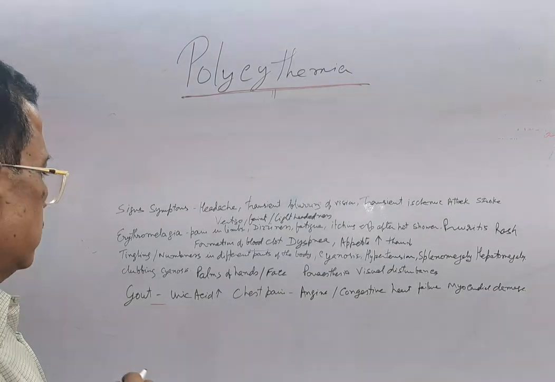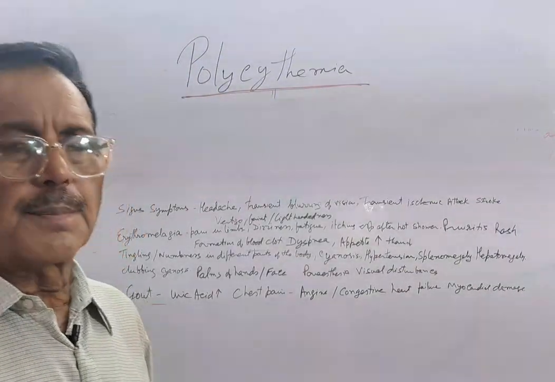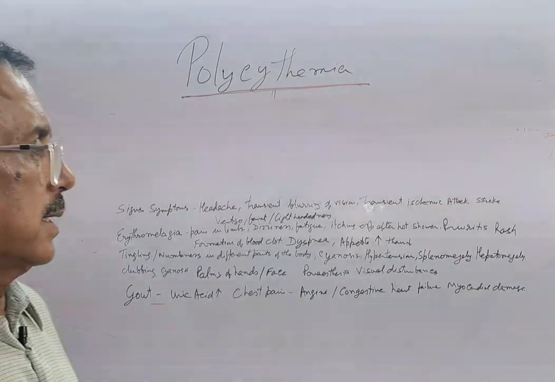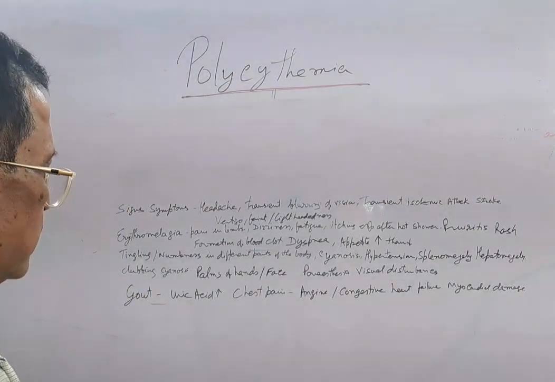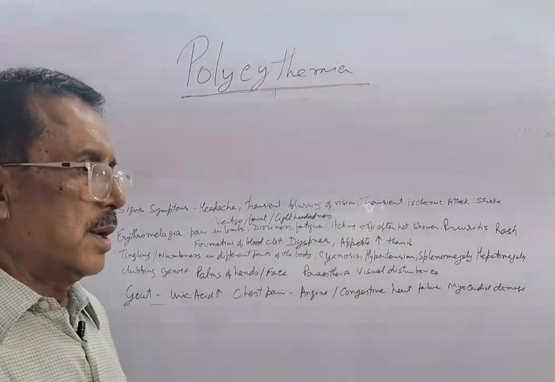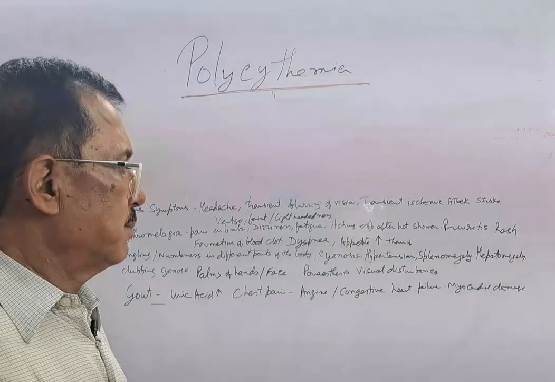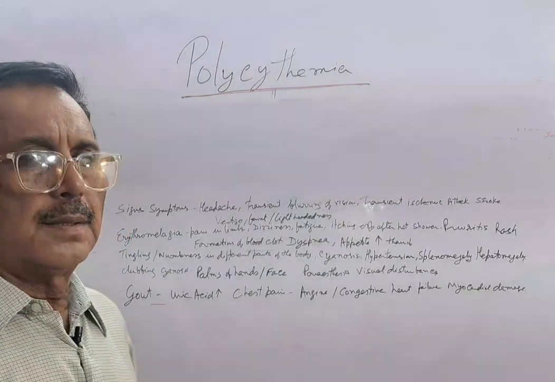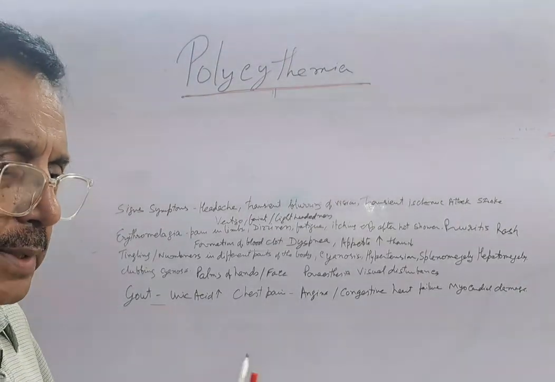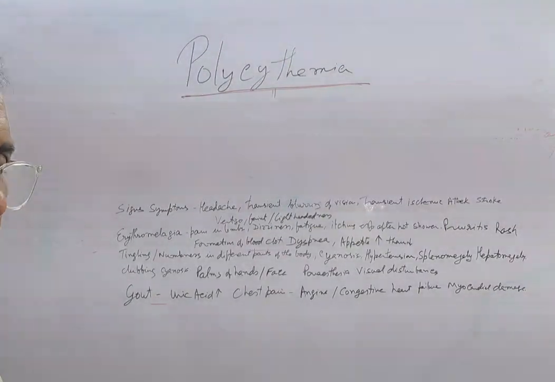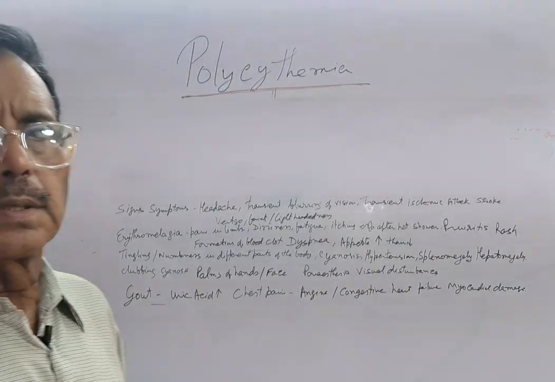Now tingling, numbness in different parts of the body, cyanosis, hypertension, splenomegaly, hepatomegaly, clubbing, cyanosis, and redness of face or palm. Paresthesia. These are the features of polycythemia due to increased viscosity of blood, and this may cause damage of any system.